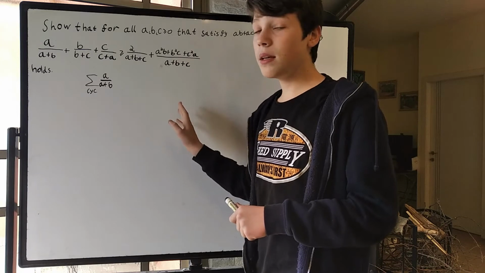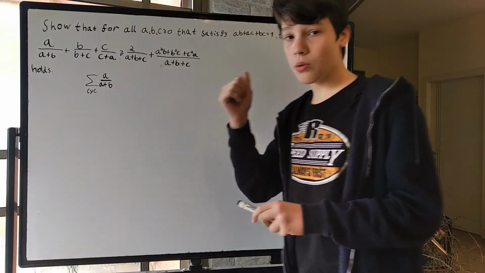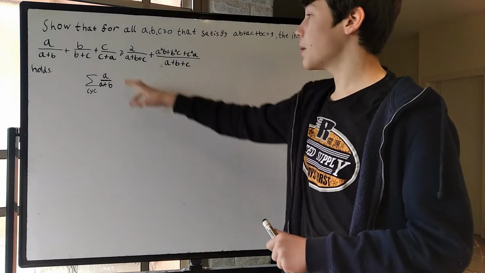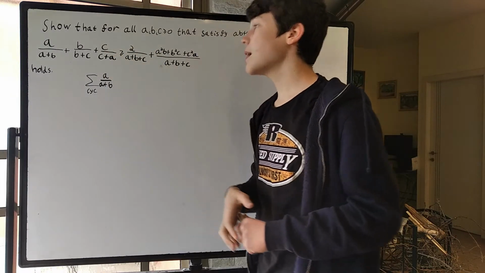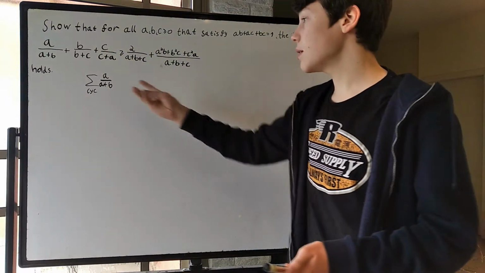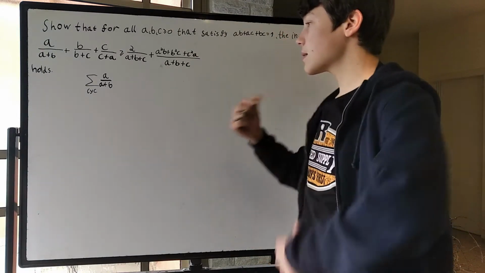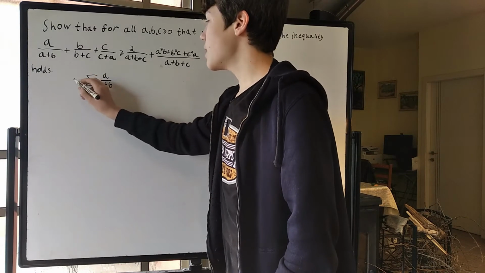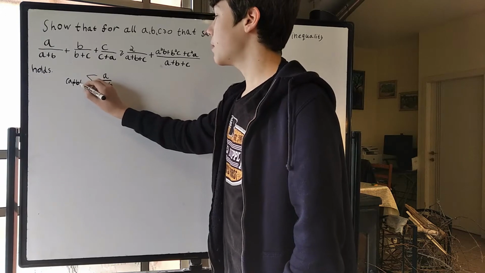So A goes to B, B goes to C, and C would go back around to A. So we would have B over B plus C. And then to move it again, we'll have C over C plus A, and that's where it ends, because we have 3 terms A, B, and C. Okay, so that's the cyclic sum, and we're multiplying this sum by A plus B plus C.